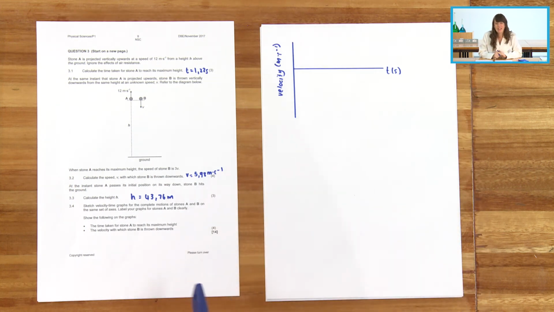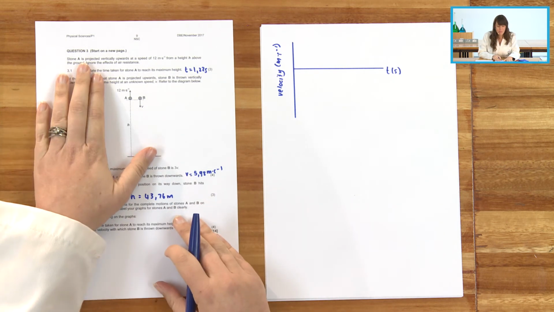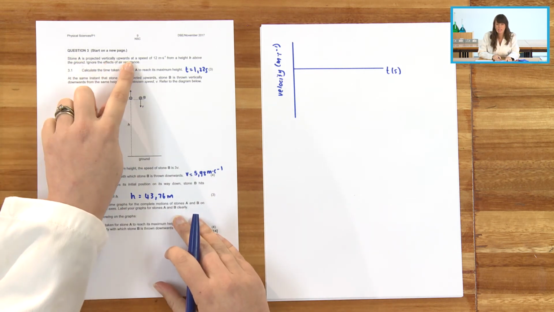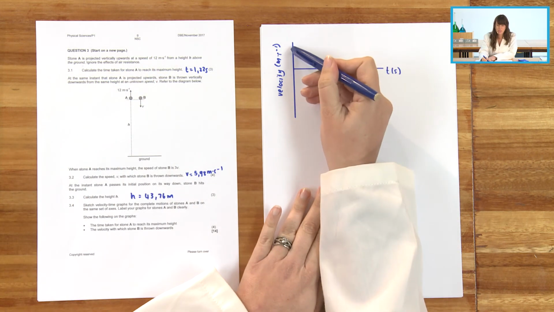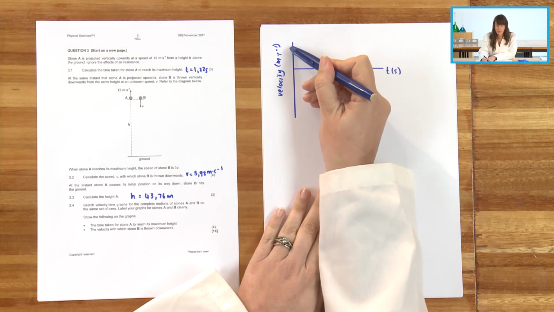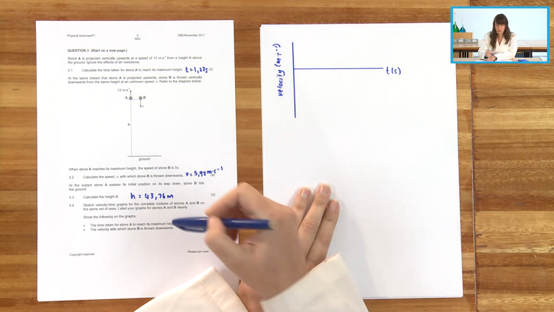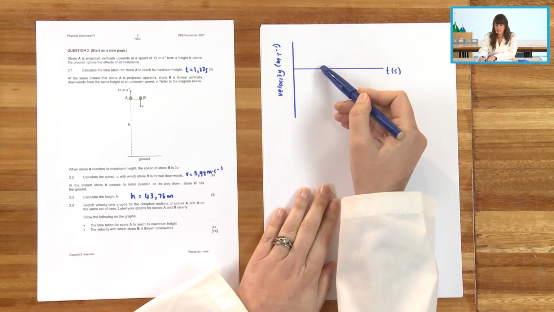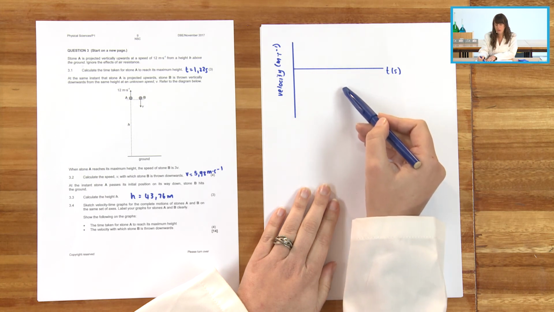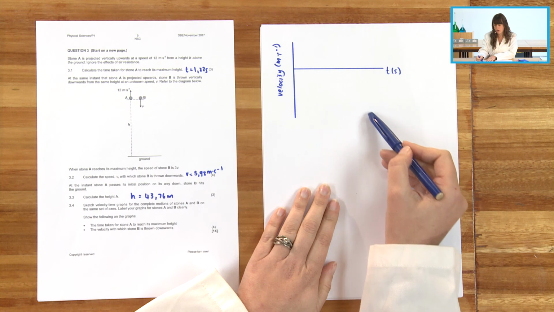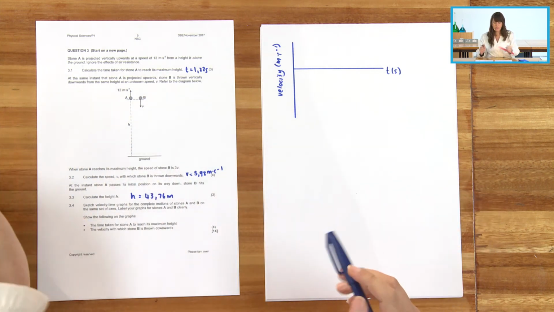Alright, so now that we have our axes, let's have a look at the motion for stone A. Remember that stone A was projected vertically upwards with an initial velocity of 12 meters per second. So we're starting with a positive velocity. And we're then going to decrease down as it got to its maximum height, a velocity of 0, and then it falls back below its initial point and on further. So let's draw that in.